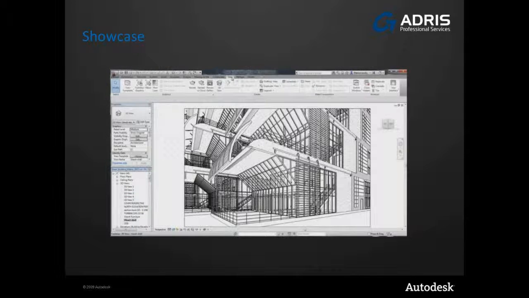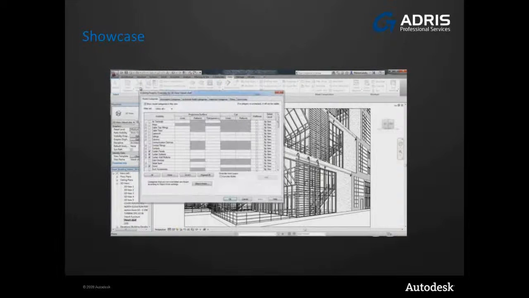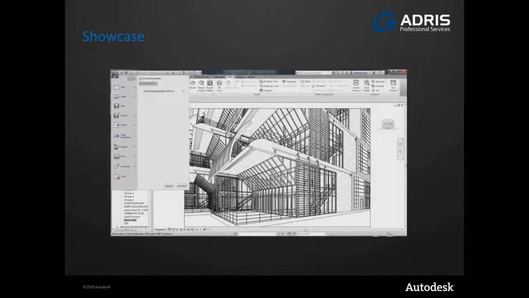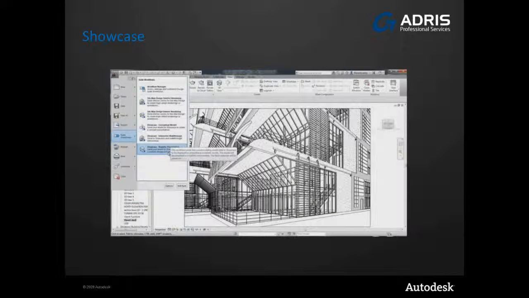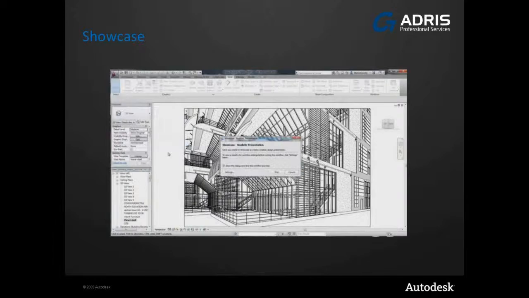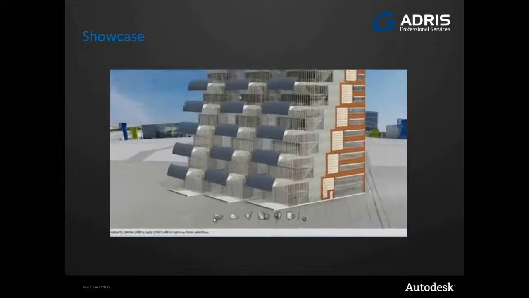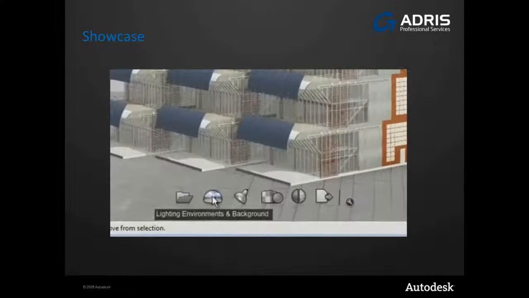So here we are in Revit, exporting a Revit model after having controlled the constituent parts of the model. You can control what will be exported via a workflow to Showcase. So it gives you a very clean interface.